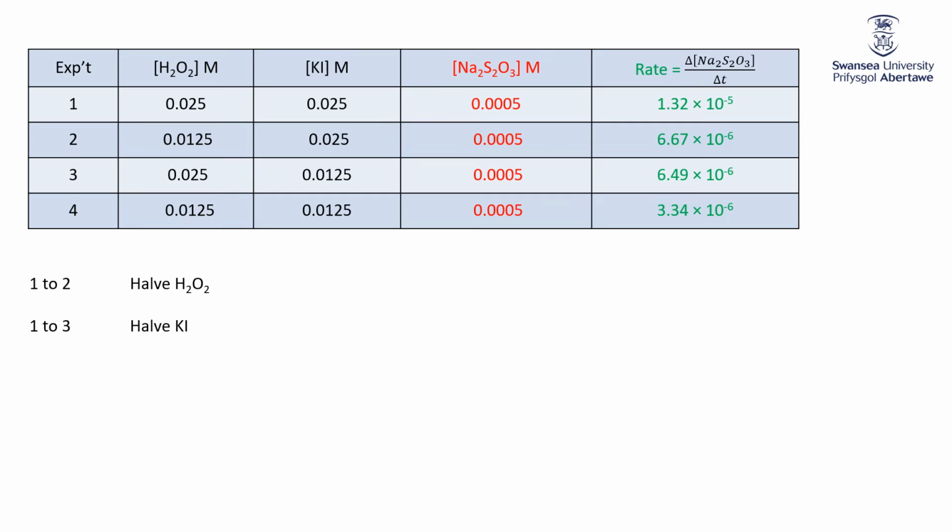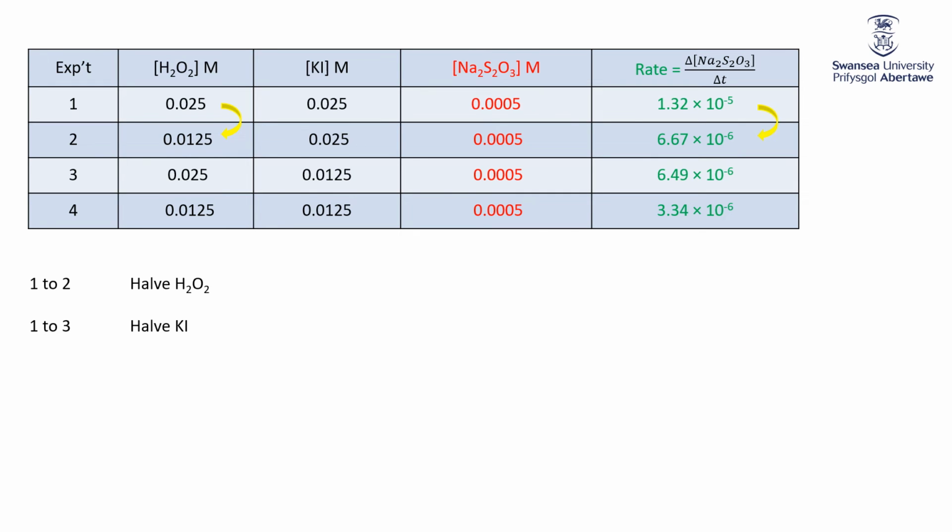Now, going back to what we said earlier, when I went from experiment 1 to experiment 2, I halved the peroxide. Same iodide, same thiosulfate. Look what happened to the rate: 1.32 times 10 to the minus 5 on top, 6.67 times 10 to the minus 6 on the bottom.